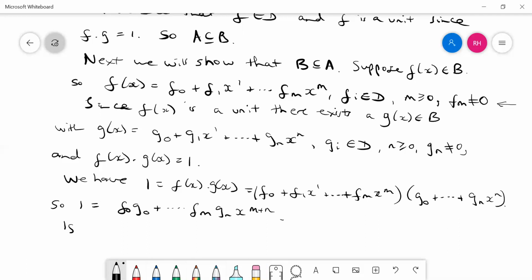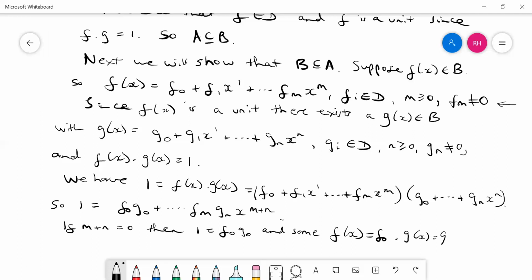So if m plus n equals 0, then 1 equals f0 g0. And so f(x) is equal to just f0, and g(x) is equal to g0, and thus these are just constants now, f0, g0.